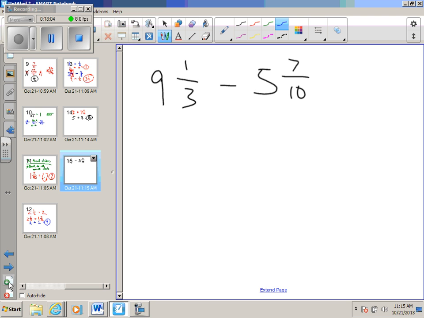Is that less than half? It's not half. So it stays a 9. Minus 5 7/10. 7/10 is greater than half. So 6. 9 minus 6, 3. Better?